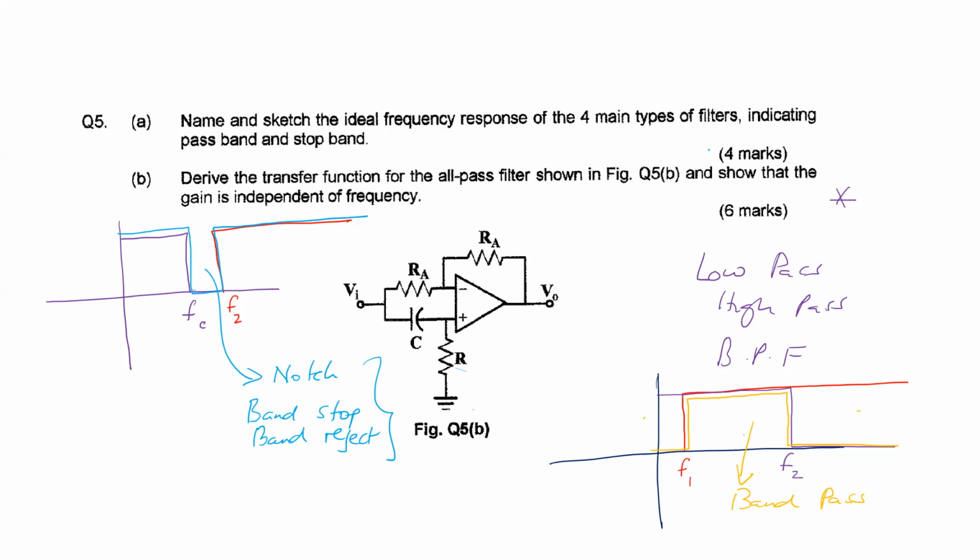And this now is a particular type that we didn't discuss. It is not part of our syllabus this time. Something called the all-pass filter. An all-pass filter is a strange thing in that it passes the frequencies, but what it does is change the phase. You remember us talking a lot about phase when we did Bode plots.